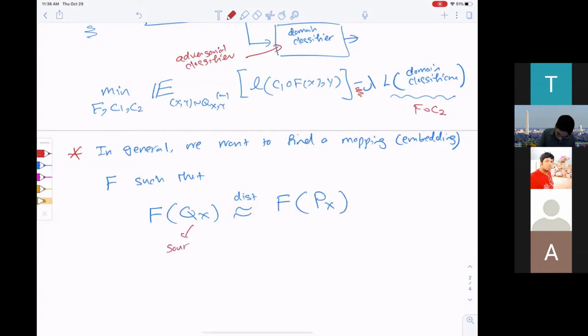Source, and this is the target. Right? So that's the goal of many practical domain adaptation methods.